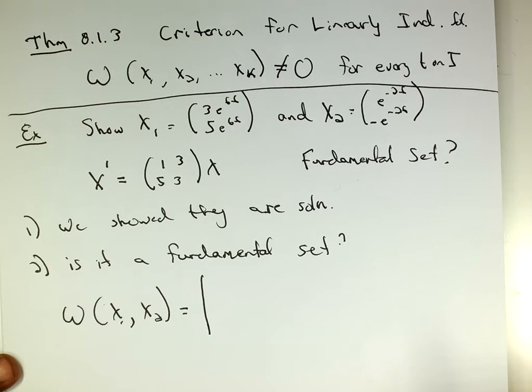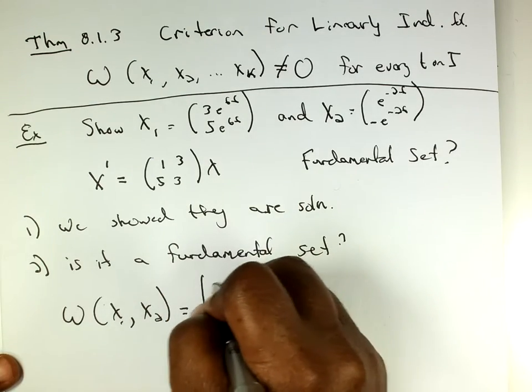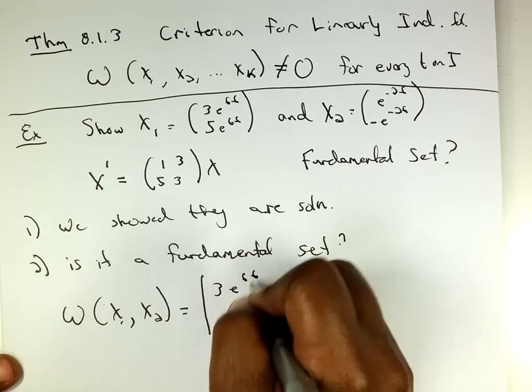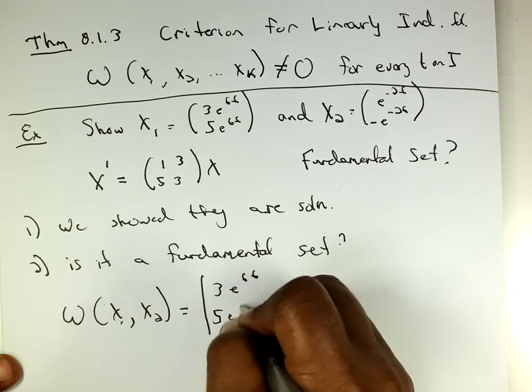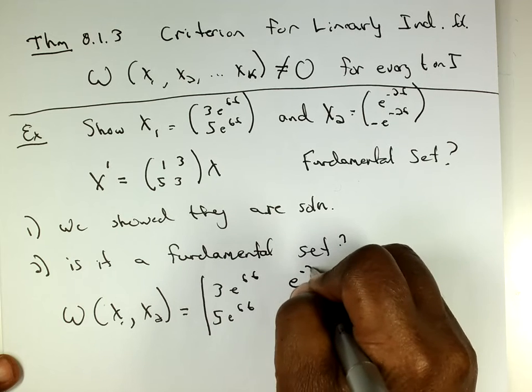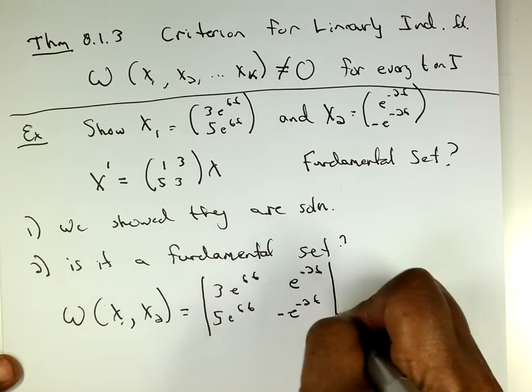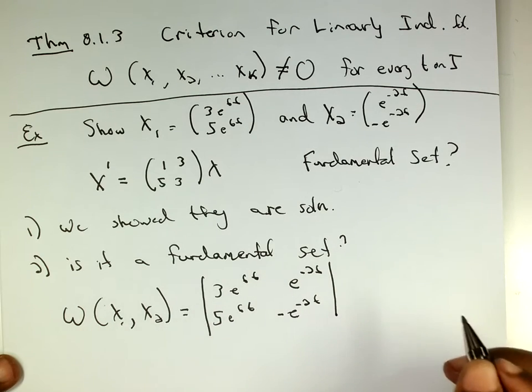So we have x1 and x2. I have 3e to the 6t, 5e to the 6t as x1, and x2 is e to the negative 2t, negative e to the negative 2t. And then we just have to do the cross products.